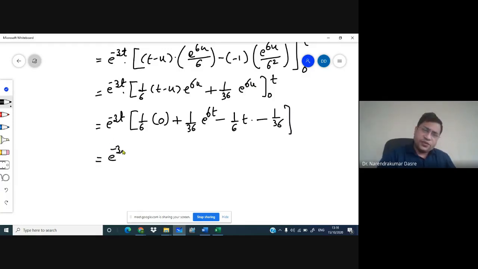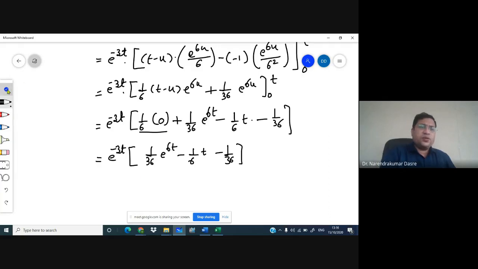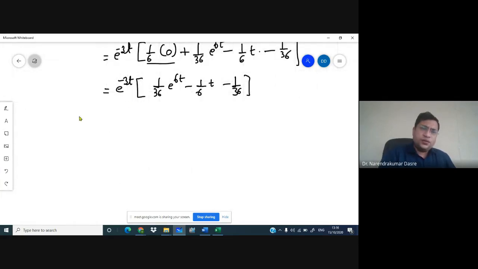Now simplify e raised to minus 3t. This term is 0. So what you got here is 1 by 36 e raised to 6t, minus 1 by 6 t, minus 1 by 36. Okay. And now apply this multiplication. I can take 1 by 36 common.